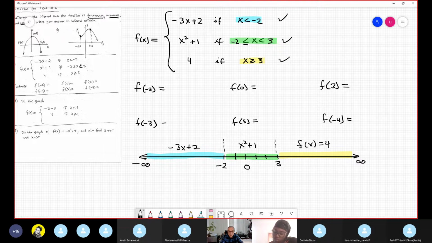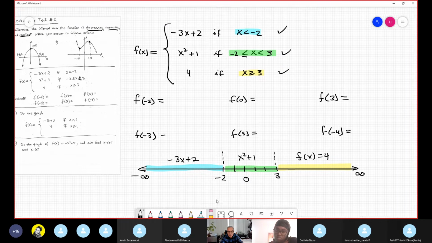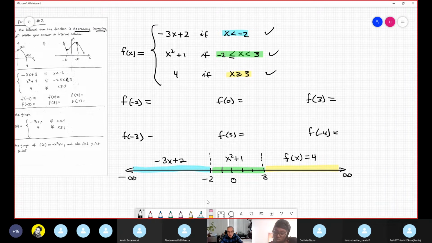Honestly, will you be capable of seeing the intervals without the geometric representation, or do you need it? Is it useful or not? Because if it's not useful, I can erase it, and that's it. Tell me, answer me. Not necessarily the geometric representation. I find it useful when I do the examples. So to understand the piecewise function, do you need to represent it geometrically or not?